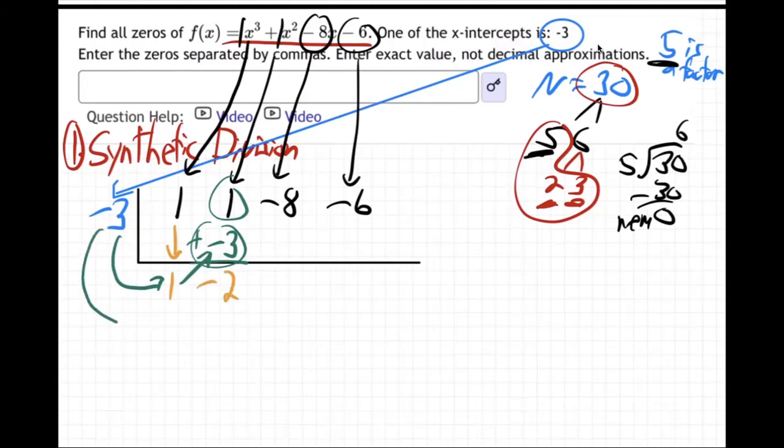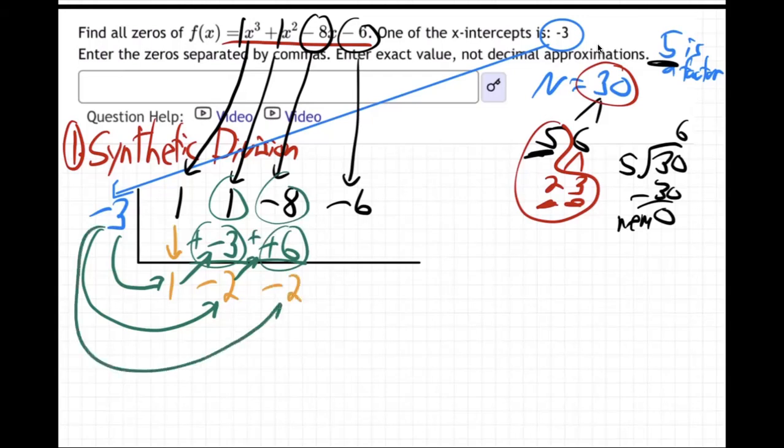And then you do it again. -3 times -2 goes right there and is +6, right? 2 negatives multiplied to be positive. And then you add these up. -8 and +6 makes -2 again. And then you do it again. -3 times -2 is +6. Add these up. No surprise, it's 0. That's our remainder. You always get remainder 0 when you divide by something that goes in evenly.